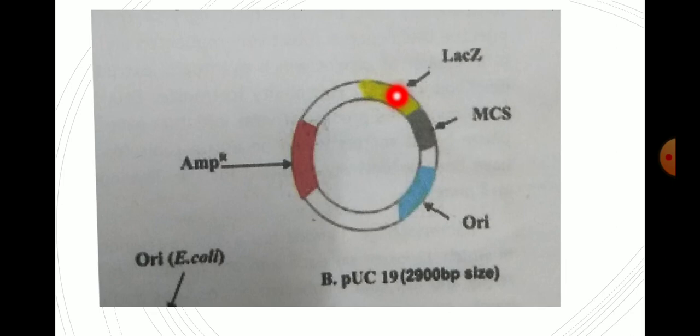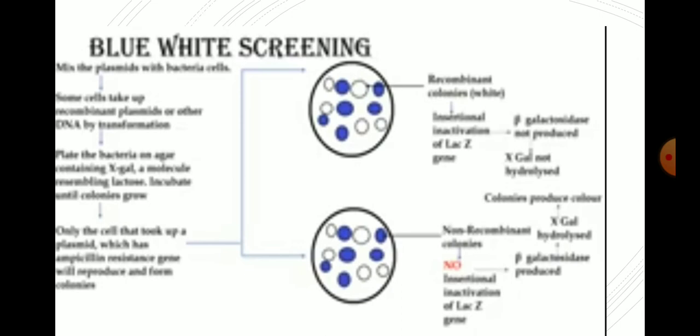So there are two cases we can express by the blue-white screening test. What happens here? Here you can see white and blue colonies of the cells. The white ones are the result of proper ligation.